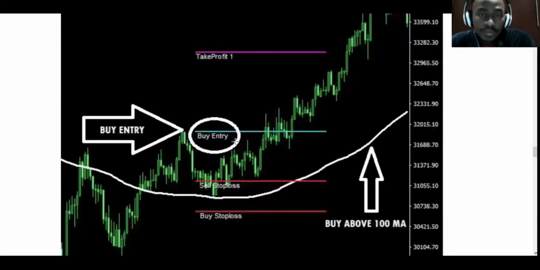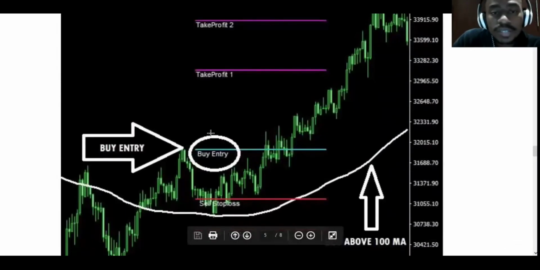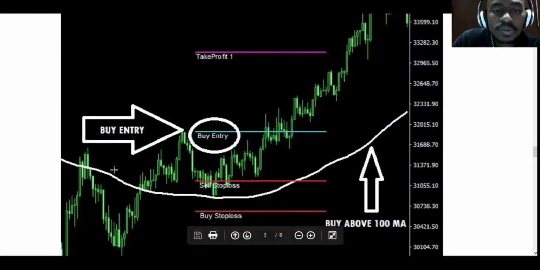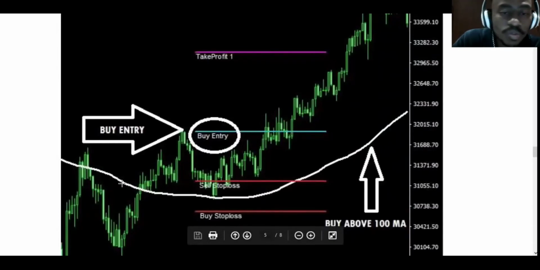This is what it would look like in picture form. As you can see in this image, there's the buy entry. The price was reached and triggered, and you open a buy trade if the trigger is above the 100-period moving average. That's the white line right there.